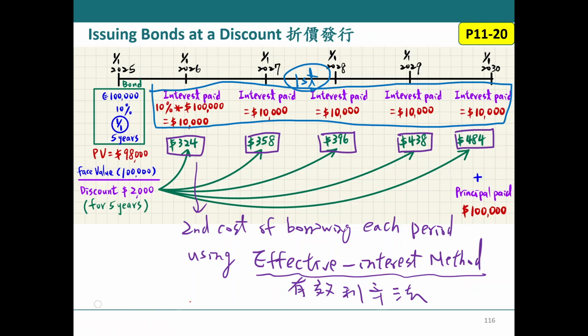Discount amortization. 折价摊销。Okay. No problem?